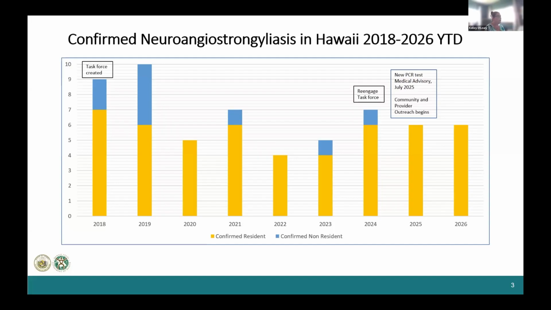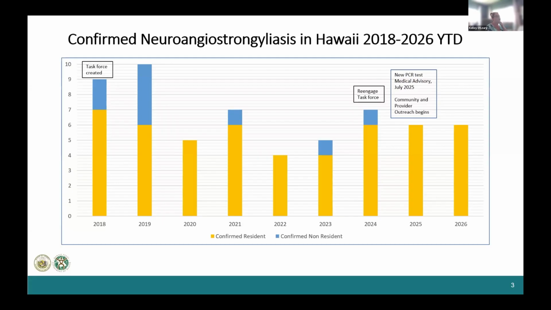So we brought that on board, and then that helped launch this provider toolkit that we have been passing out to all of our providers. There is some misunderstanding about rat lungworm. We've heard some folks think that because there have been no cases on Maui or Hawaii for a while, it went away.